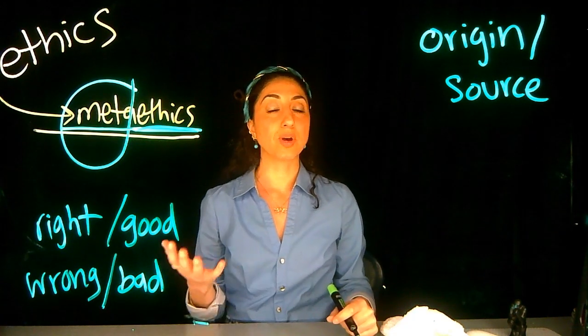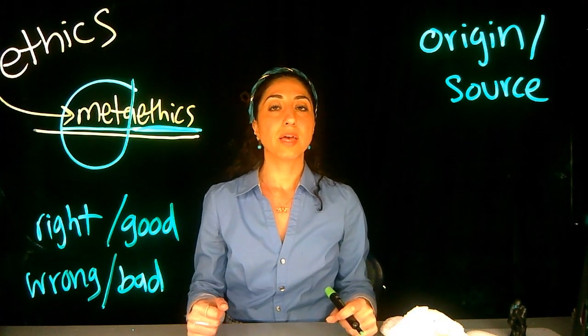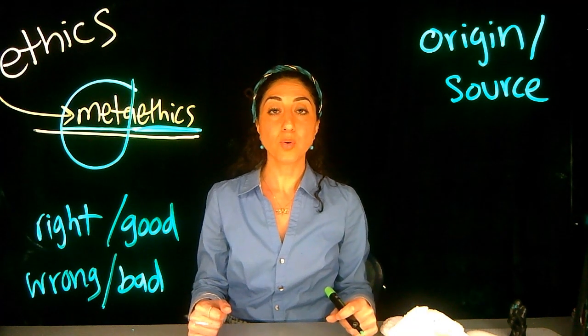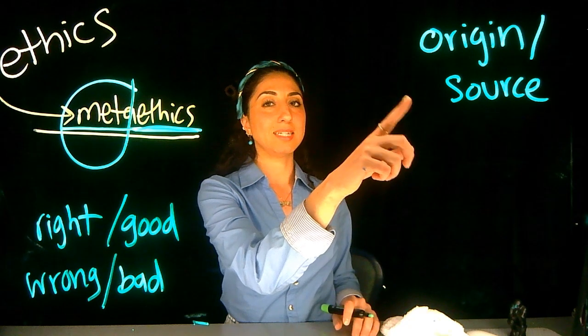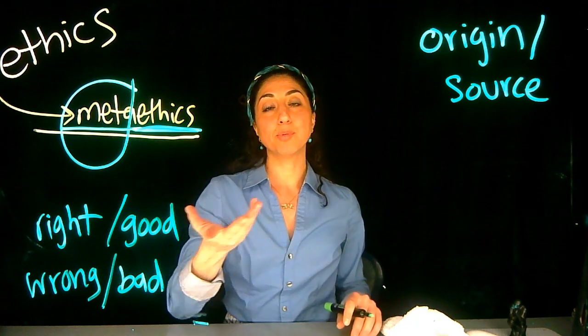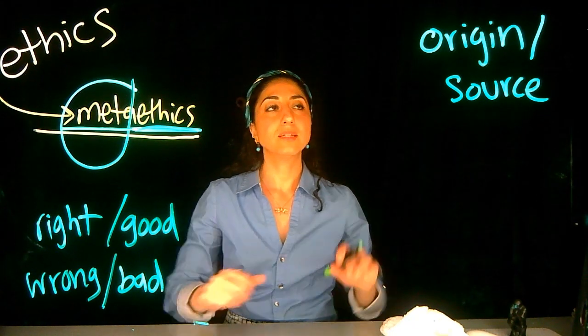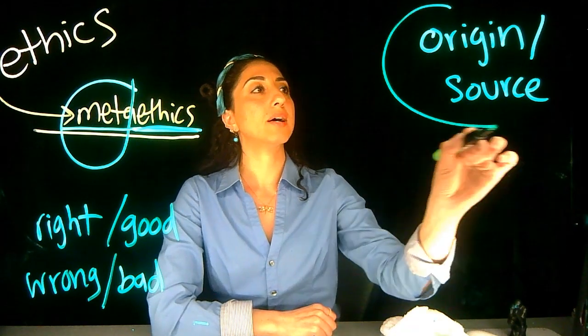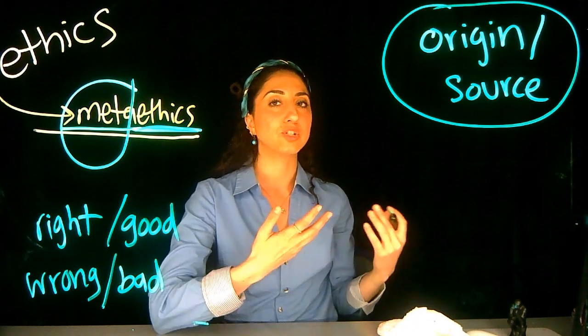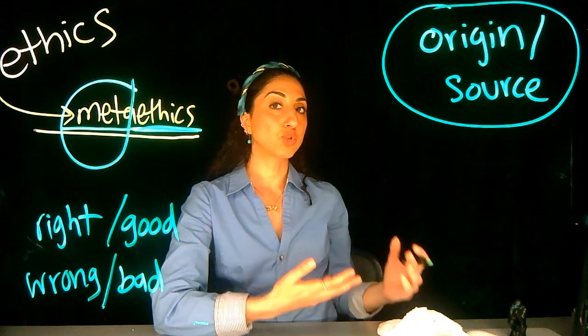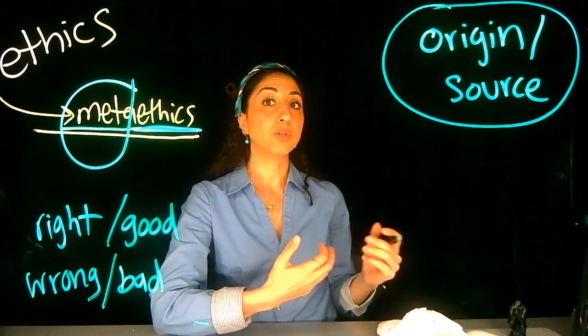Now, if you're religious, you have an answer. It comes from God. If you believe in no God, then where might you say we get ideas like good or bad? Maybe you believe it comes from the culture. And so this has a lot of different fields that we can get into, like anthropology or sociology, studying cultural relativism, studying religion.